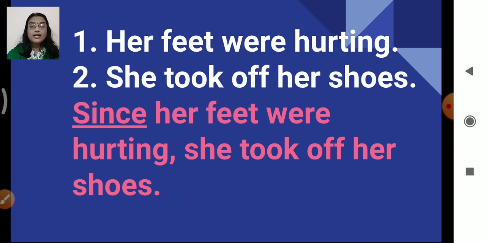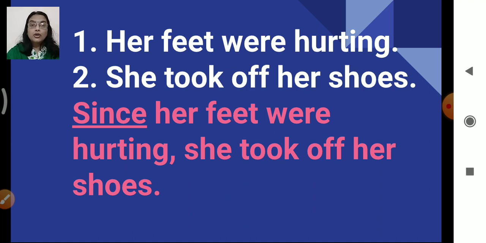Now these two words are used to show the contrast. Okay, not contrast, actually to show the reason why. For the action, for the reason, her feet were hurting, so she took off her shoes, right? So since her feet were hurting, that is why she took off her shoes. That is what we can say, right?